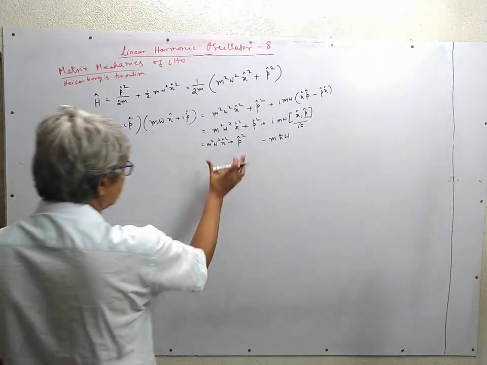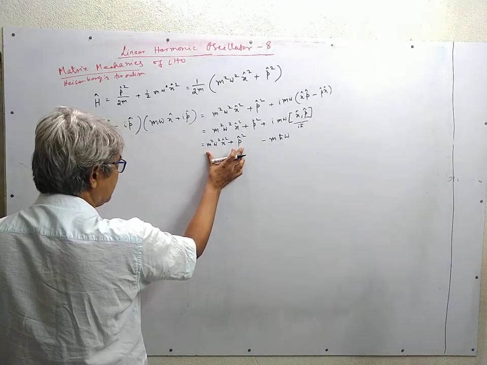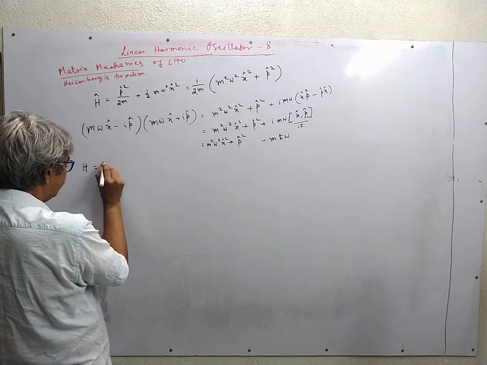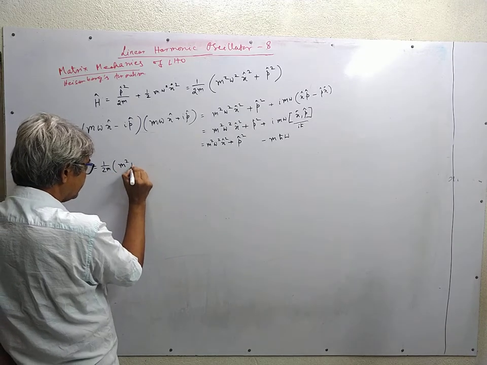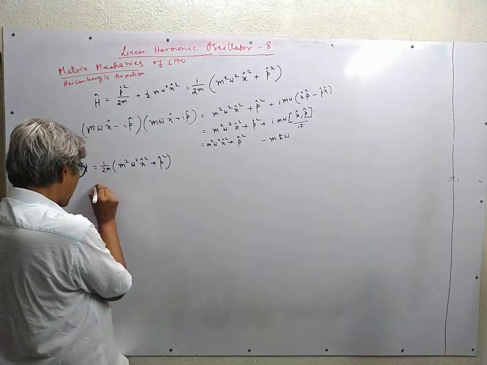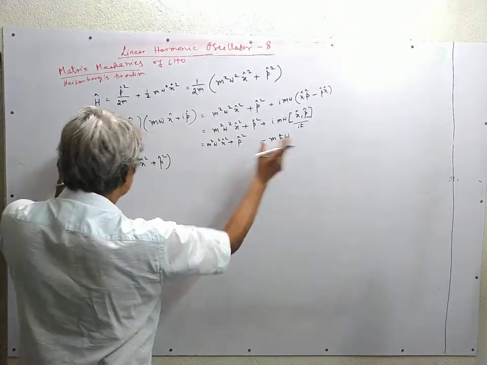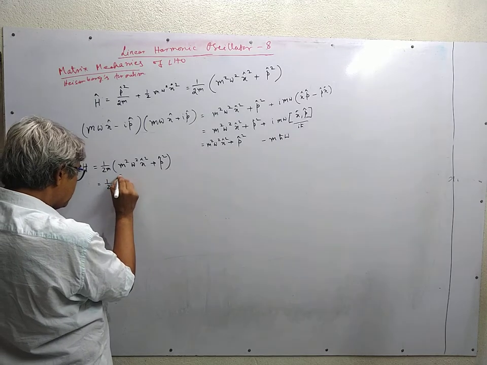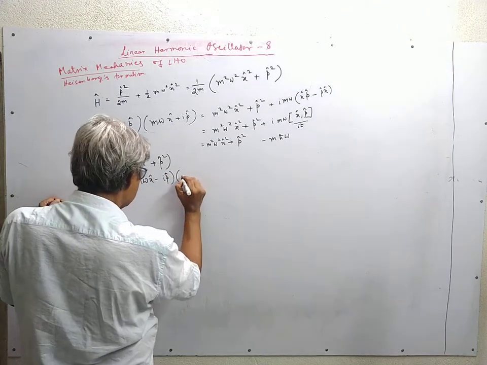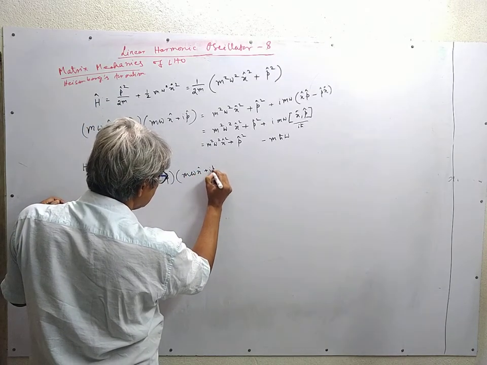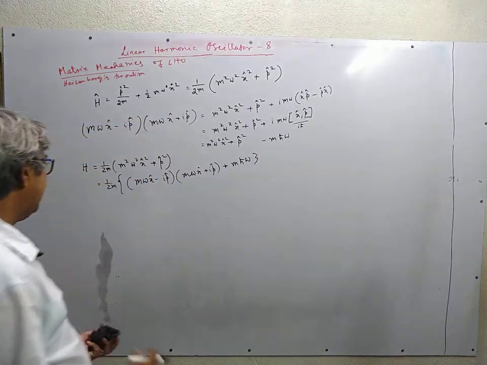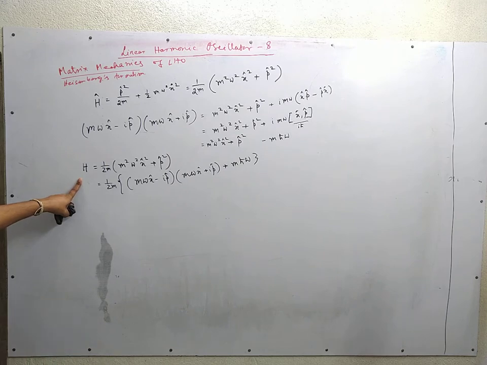How do we write the Hamiltonian? When this is divided by 2m, it is the Hamiltonian, which we write as this plus this. Now the unit of the Hamiltonian and h cross omega have the same dimension.